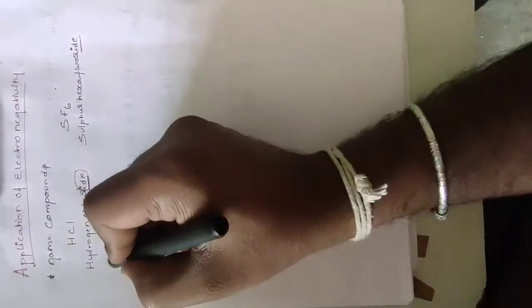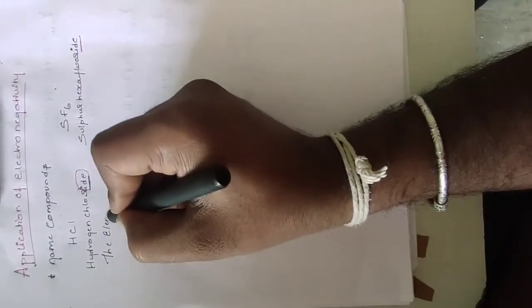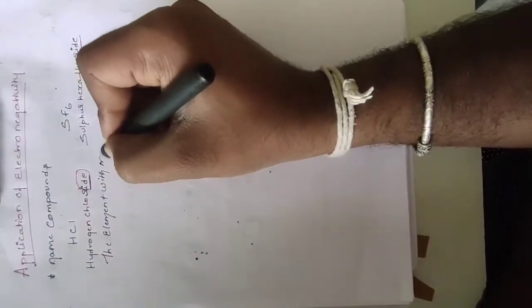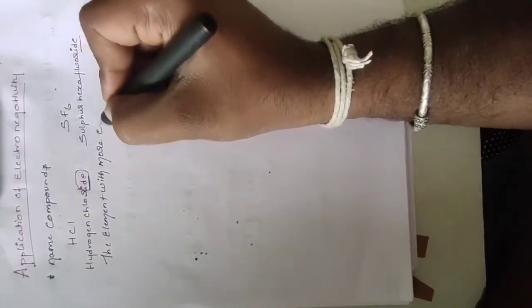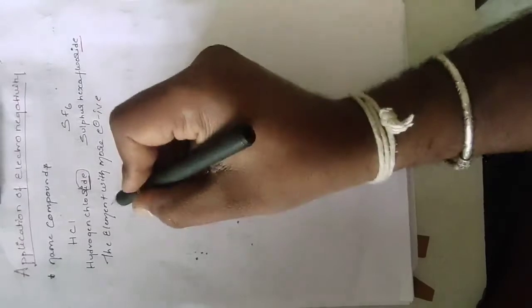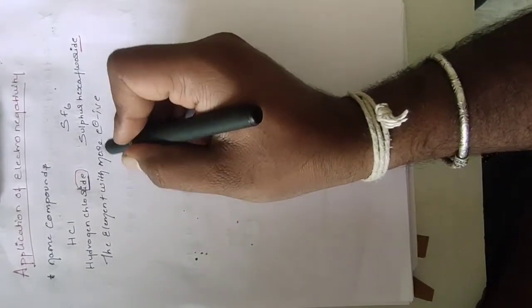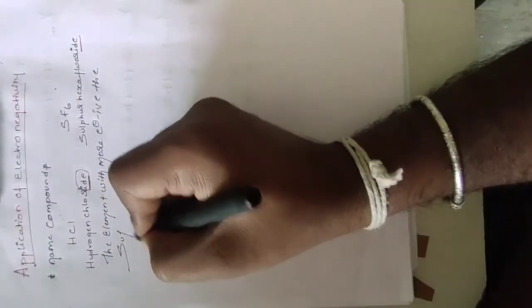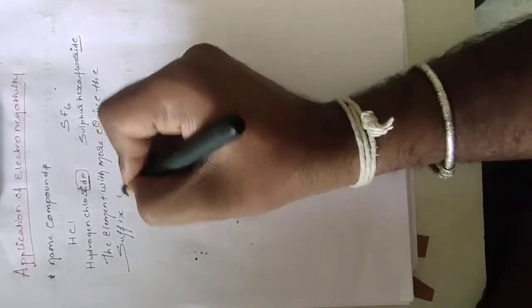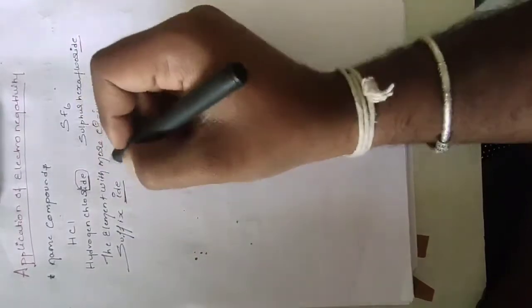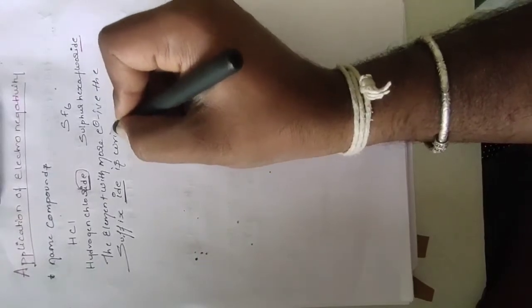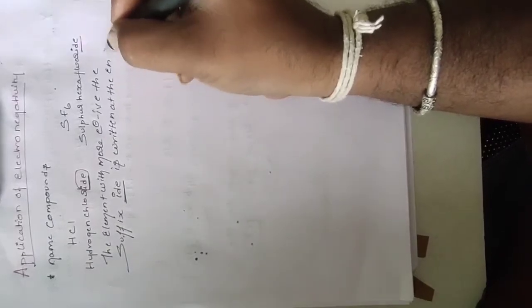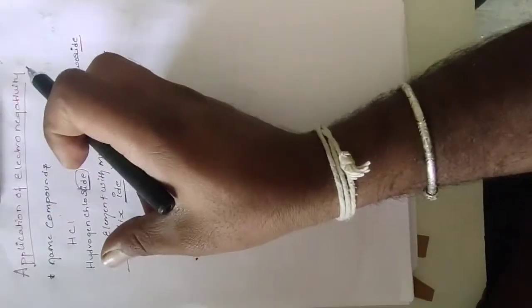So we write that the element with more electronegativity gets the suffix -ide, written at the end. That is the first application, naming of the compound.